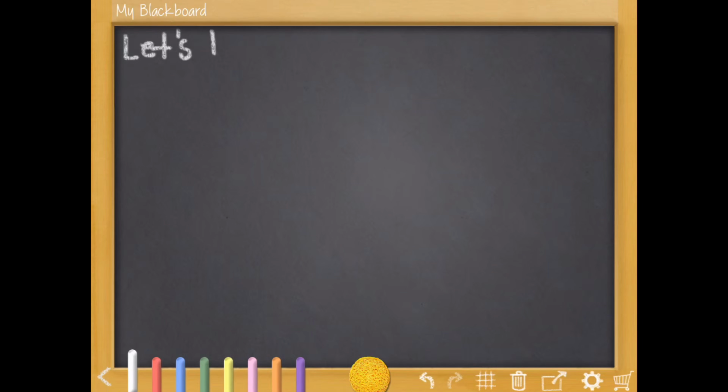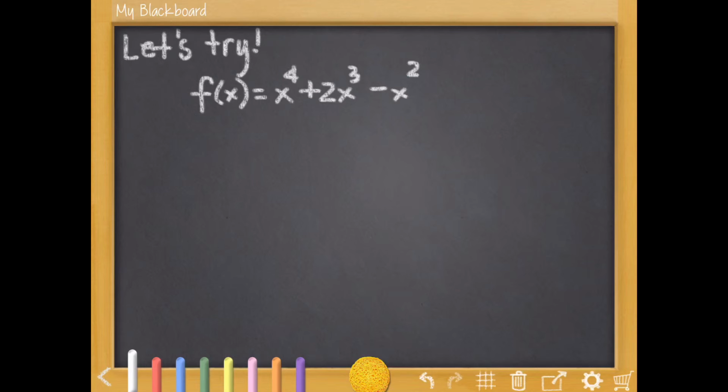Now let's try. We have the given f of x is equal to x to the 4th power plus 2x cubed minus x squared plus 4x minus 1.